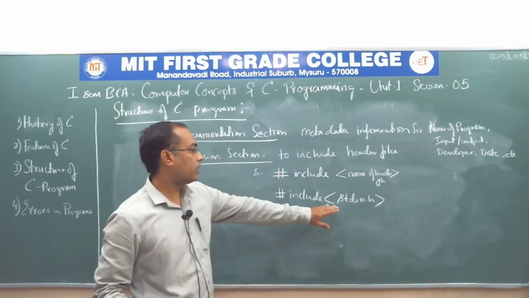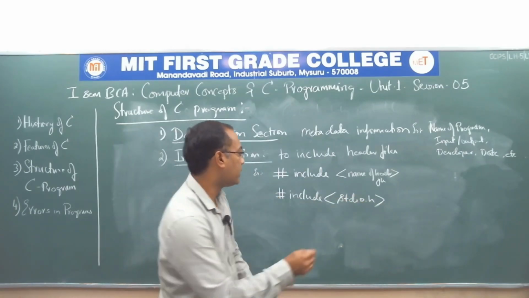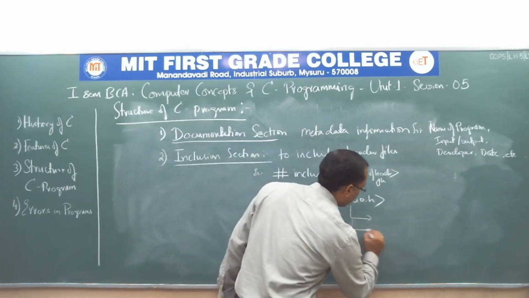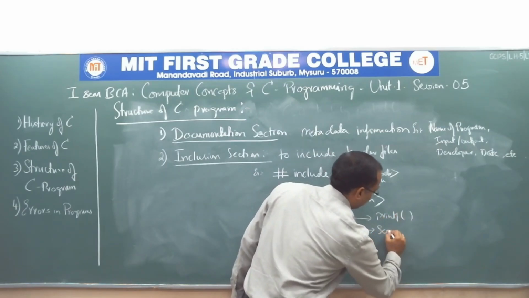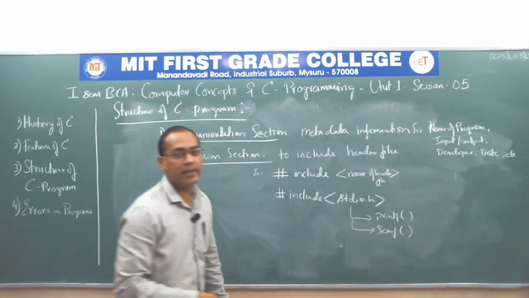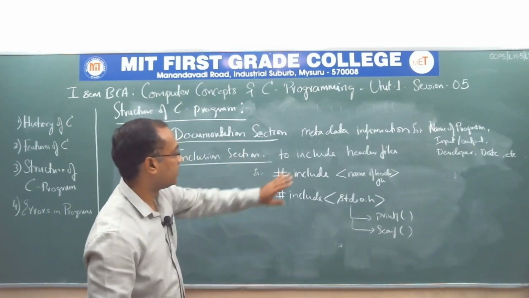If you include stdio.h, which means standard input output, then you can use built-in functions like printf, scanf to accept and display the data. So this is all about stdio.h.